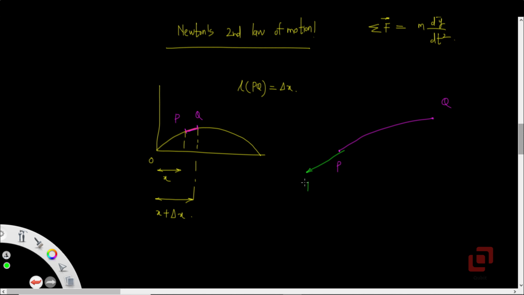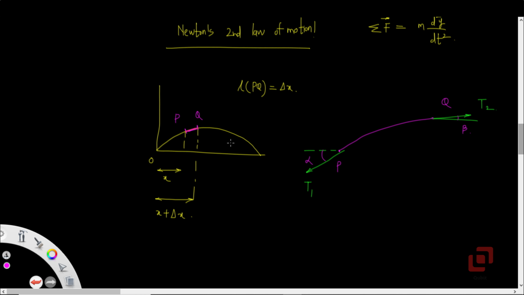Let me call it T1, and the tension at Q will also be tangential to PQ, but this time at point Q. Let's call it T2. So the string PQ is vibrating under the influence of these two forces. Let us show the angles made by these two tensions with the horizontal or the x direction. Let's call the angles alpha and beta.